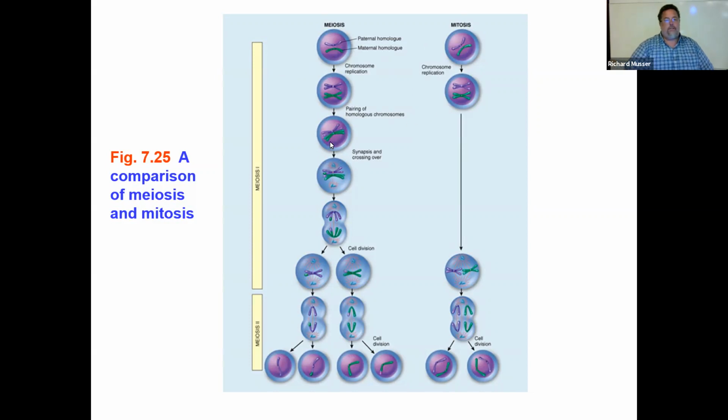Then we go into meiosis I and prophase I, and you've got the crossing over, and your chromosomes being pulled apart in metaphase I and anaphase I. Then you've got telophase I, and then you do that again. Well, over here in mitosis, all that is skipped, and we essentially go into metaphase and line up the chromosomes.